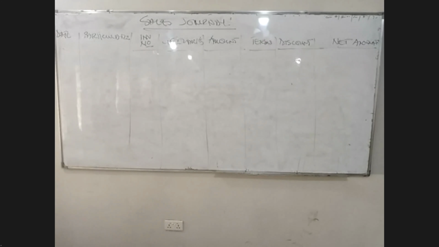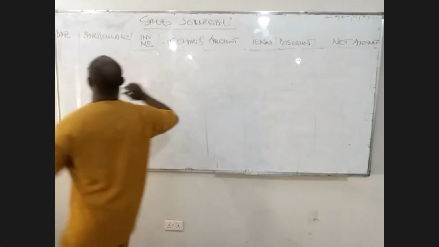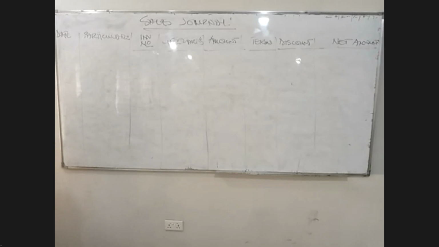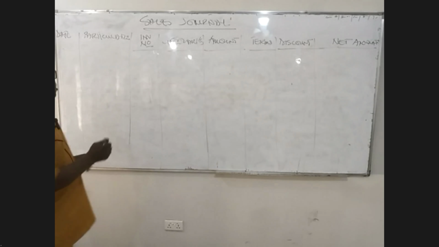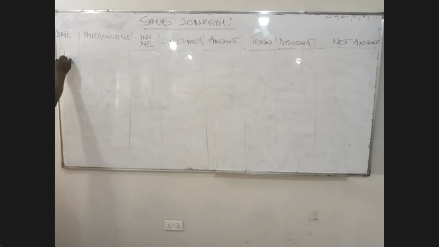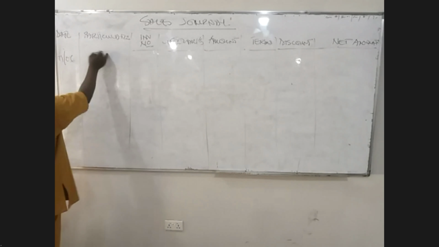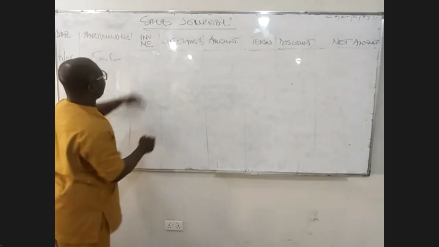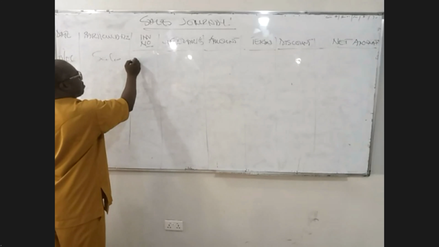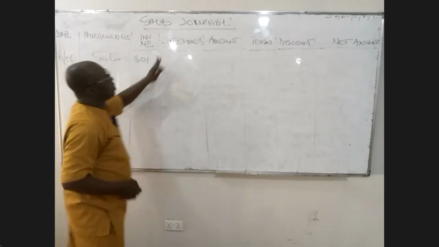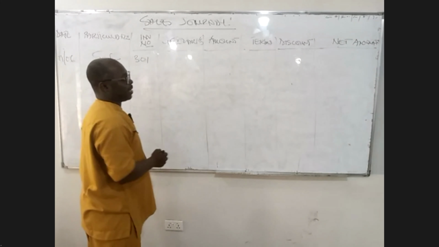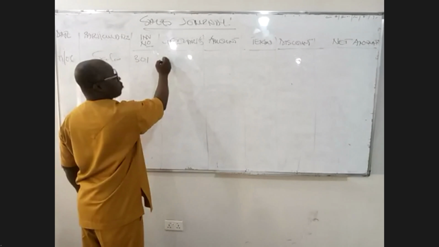So the moment you see these terms, there should be a column for the terms. Are we okay? Good. So customers, sorry. The date, first one, quickly. First of June. We have sales. The invoice number is 301. What's the name of the client? Kwame.